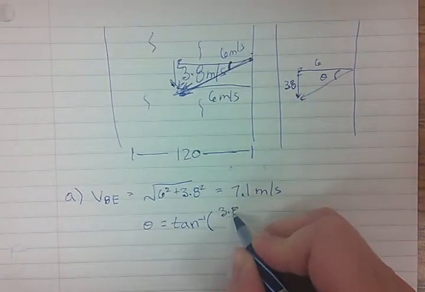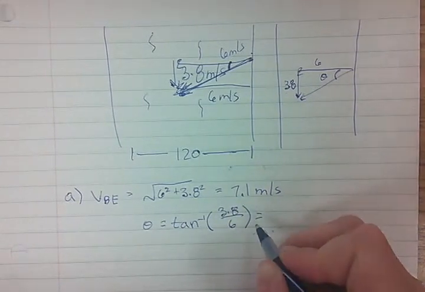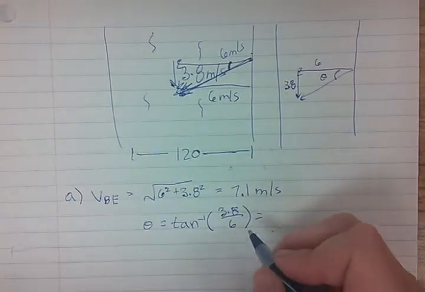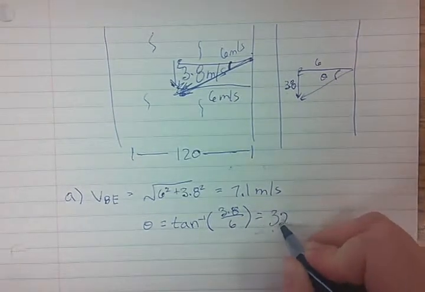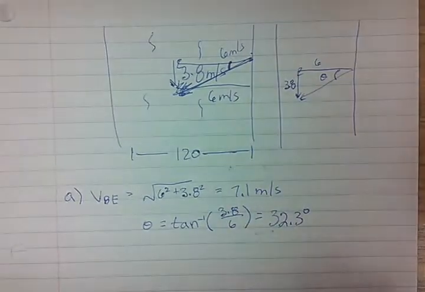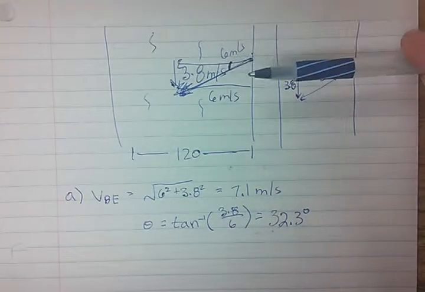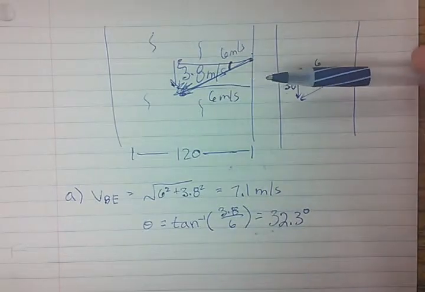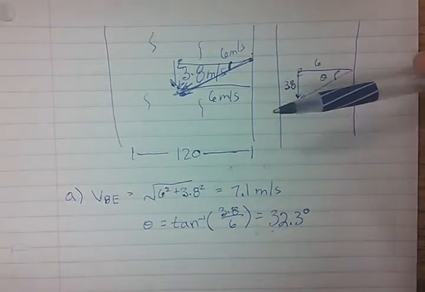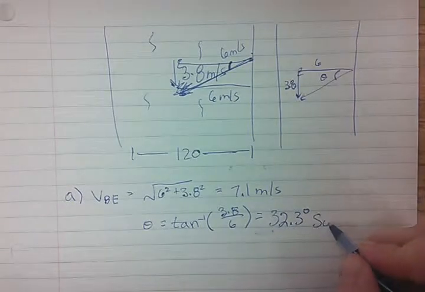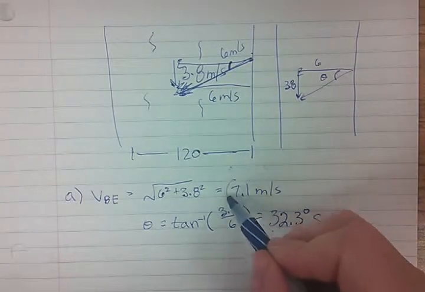So 3.8 over 6. We will end up with 32.3 degrees. And what direction word should we use? Well, this direction is south of the western line. So we want to write south of west.